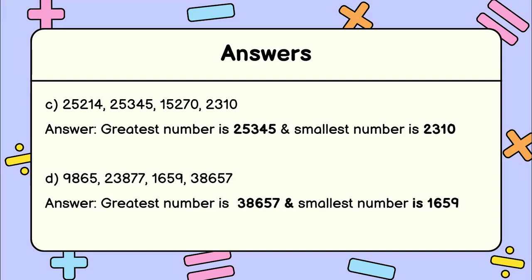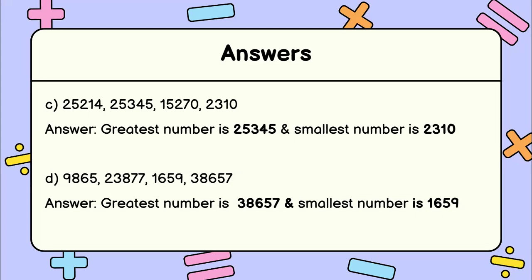Let's see in this. We have the numbers 9,865, 23,877, 1,659, and 38,657.